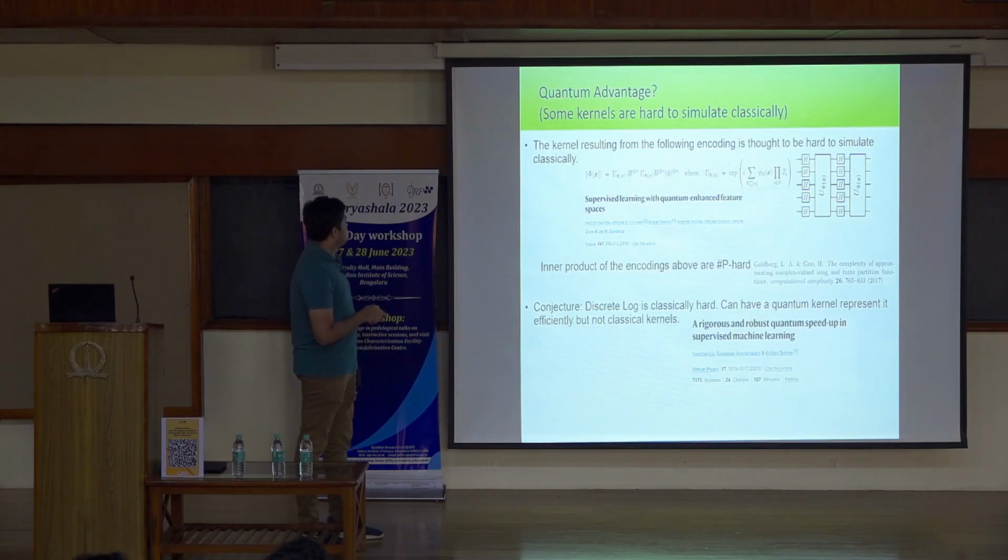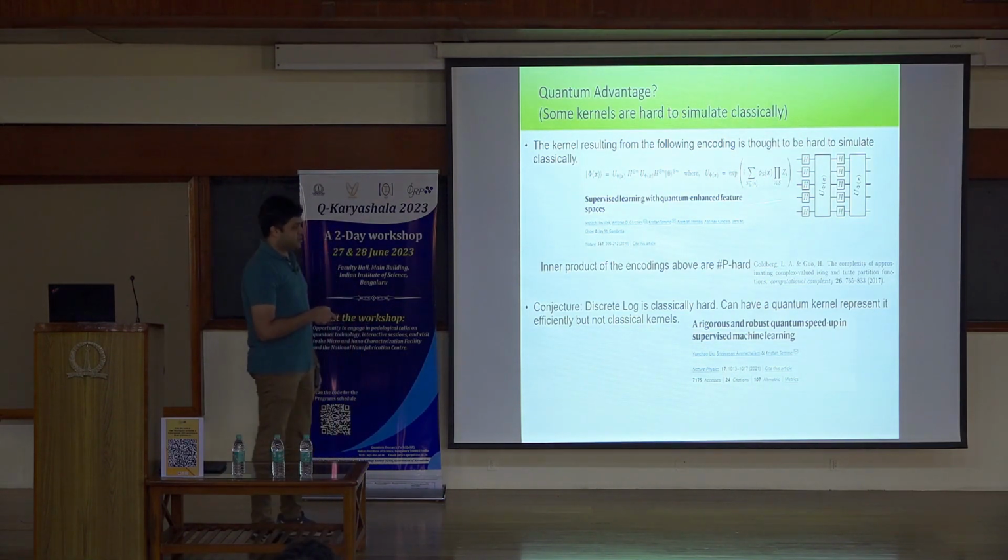Okay. So, all right. What is the big deal about quantum kernels? They can offer speedups in the sense that some kernels are hard to simulate classically, right? So maybe for some data sets you will find speedups. So, this paper gave a kernel which is evaluated by this circuit, or embeddings which are evaluated by this circuit. And the inner products of these encodings are known to be sharp P hard. This is a complexity class.